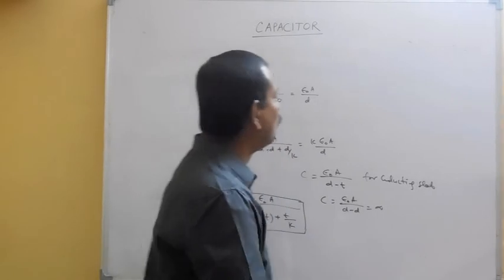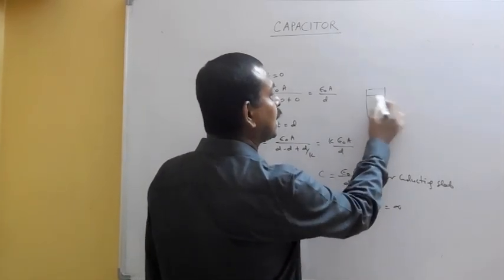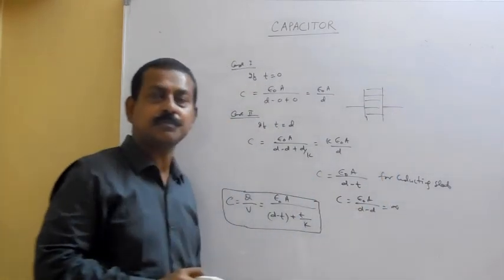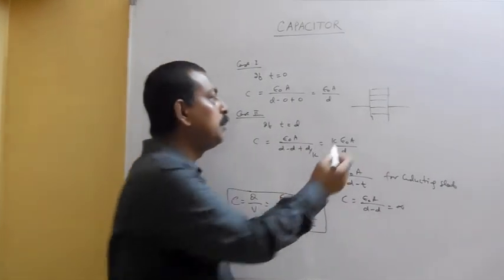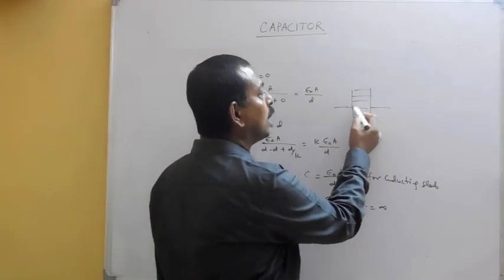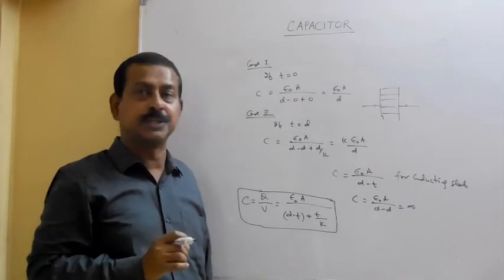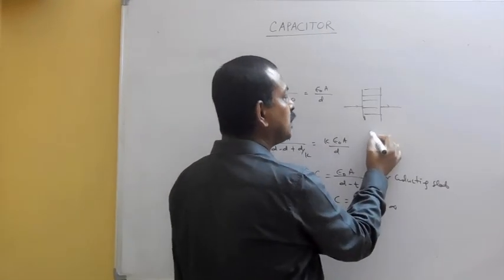Same is the case when you have a capacitor and the space between the plates is filled with a conducting medium. Then it is not storing any charge. It is simply transferring the charge from one plate to another. That is why the capacity is infinity. Why is it infinity? That you can also understand from the expression.